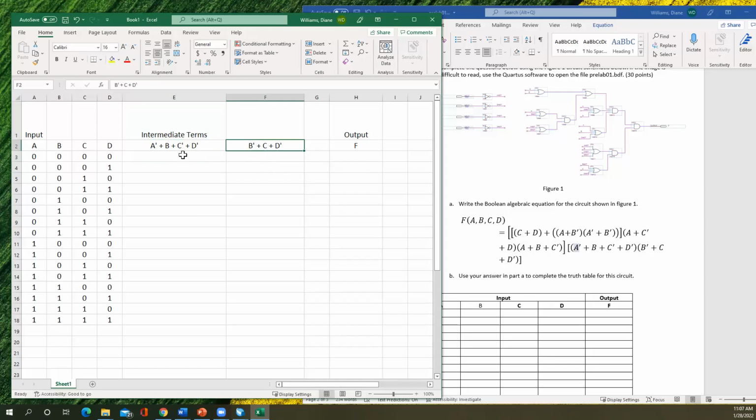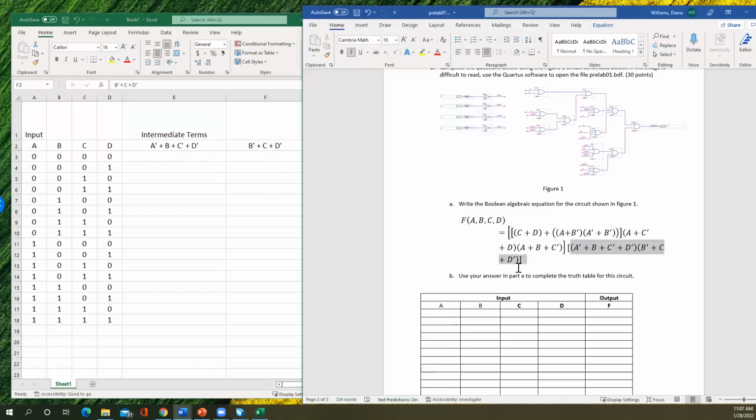And if either one of these terms has a value of 0, because this whole expression is going to be ANDed with this whole expression, the entire thing will be a 0.